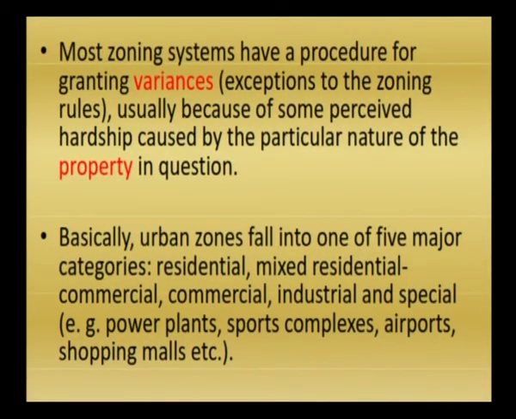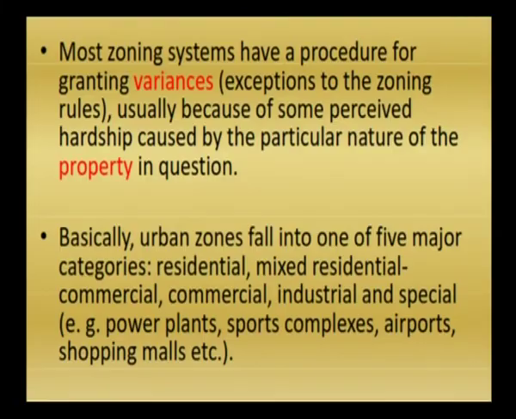Most zoning systems have a procedure for granting variances. Variances are nothing but exceptions to the zoning rules, usually because of some perceived hardship caused by the particular nature of the property in question. So, the prime example for this is Pondi Bazaar and Usman Road. If you look at it, all of these tall buildings are required by the commercial district in that area, but there is no adequate parking, no setbacks, all the shops abut the roads.